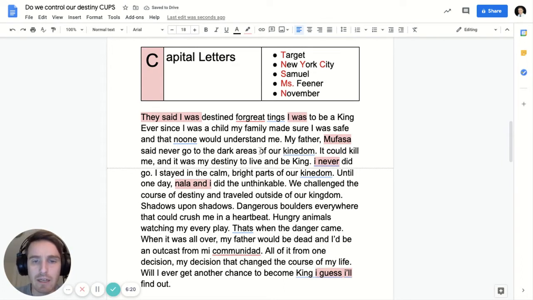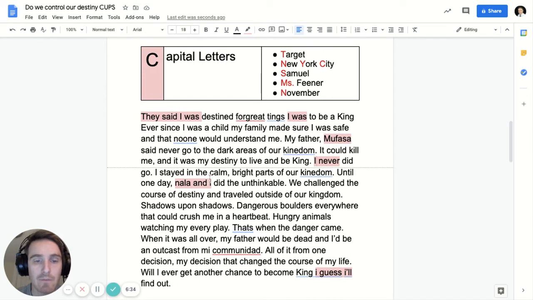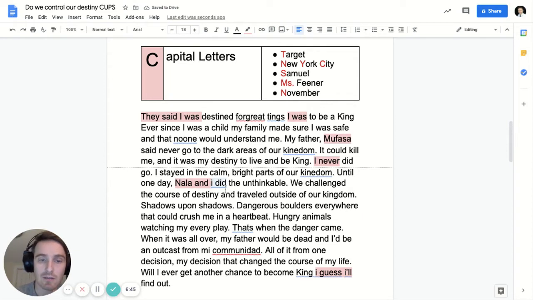Okay, if you keep reading, another instance here where you need to change the lowercase i to an uppercase capital letter I. All right, you keep reading until one day Nala and I. So another I, but again, Nala is a name. Okay, changing the N to an uppercase, sorry, capital letter. Nala and I. Okay, and you come all the way down.